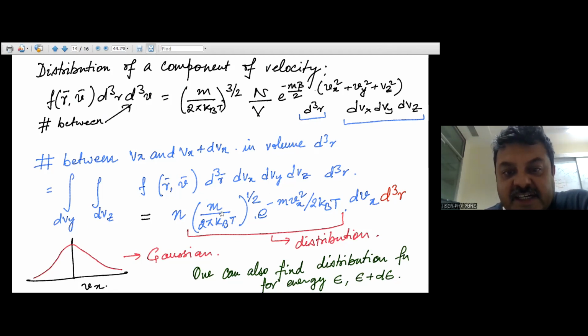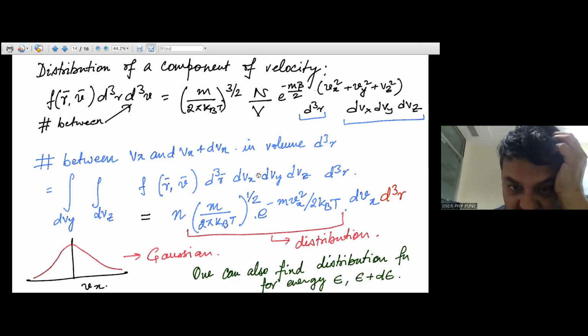If we integrate that, we will get n into (m by 2 pi kBT) to the power half, because those integrals are going to give suitable factors, and hence from 3 by 2 this will become half. This n will remain intact.